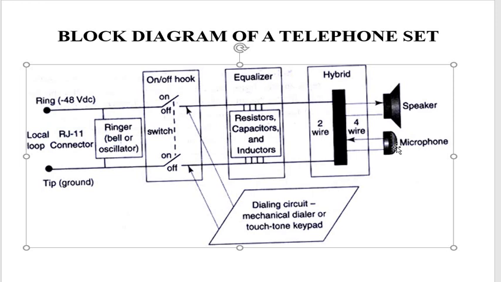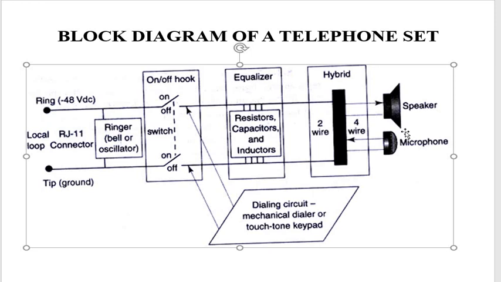And again, the microphone is connected to the local loop through the hybrid network. Both of these are considered transducers, which convert one form of energy into another. The basic difference is that a microphone converts the sound signal into electrical energy, whereas the speaker performs the exact opposite conversion.